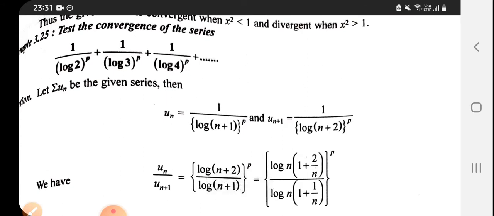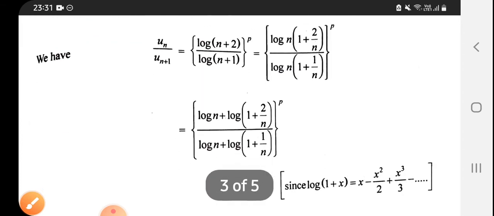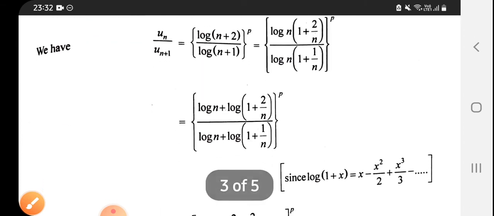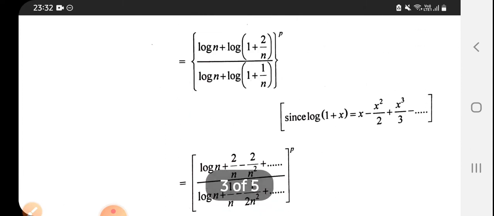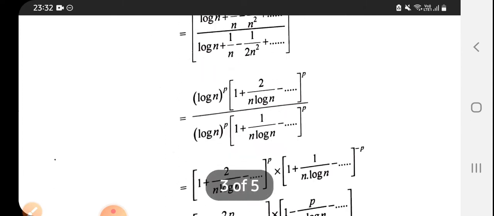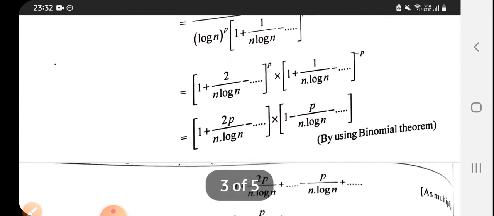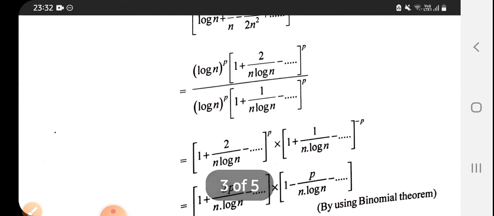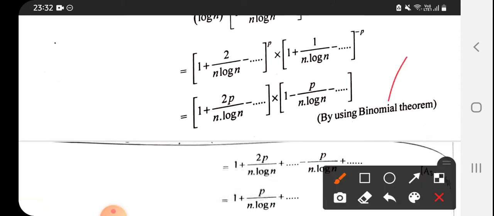Now this is the question, and this is the general term un and un plus 1. Un upon un plus 1 is this, and this is the logarithmic series, and taking log in common, we get this given expression, and this we find with the help of the binomial theorem.